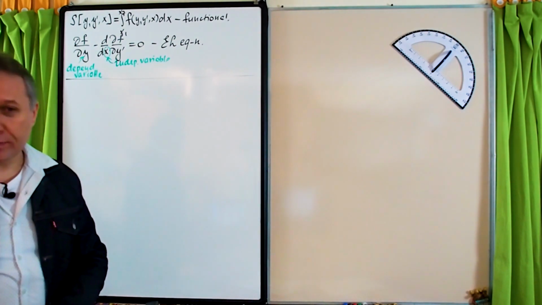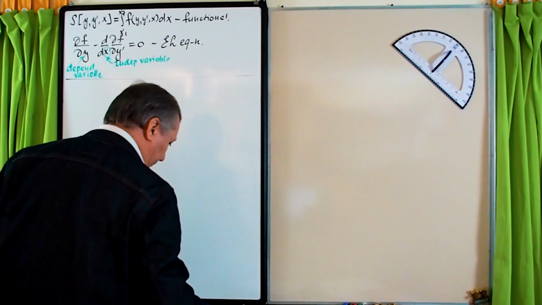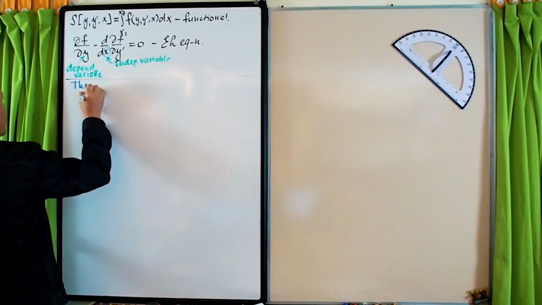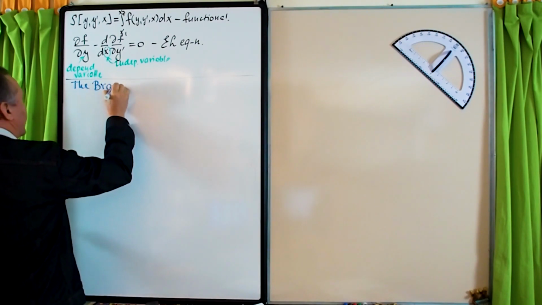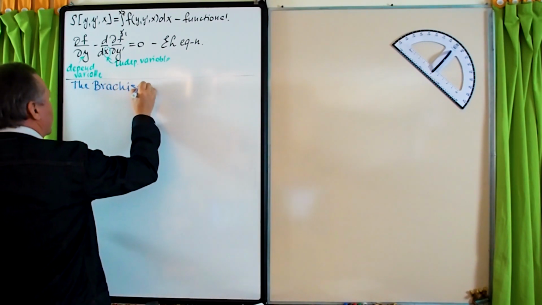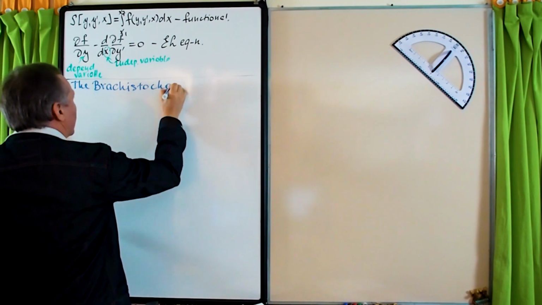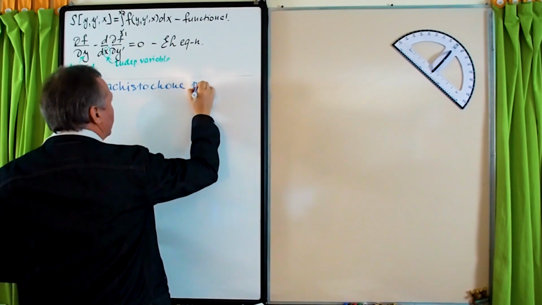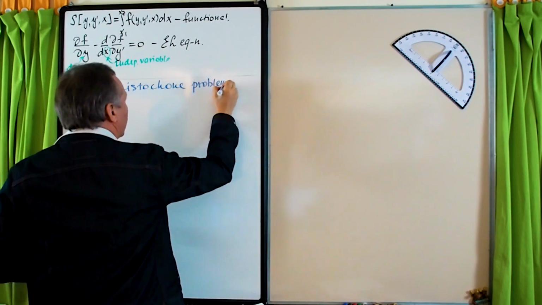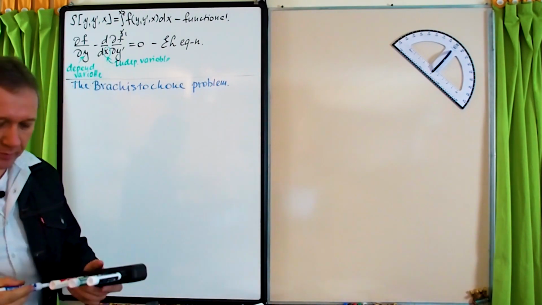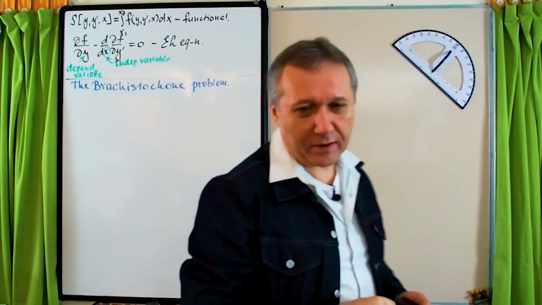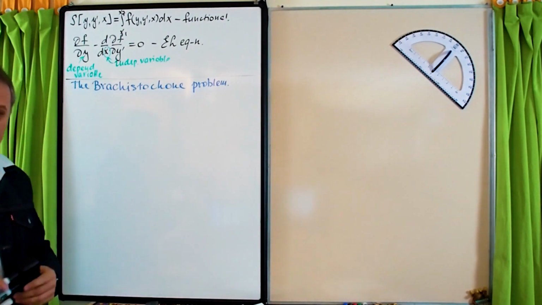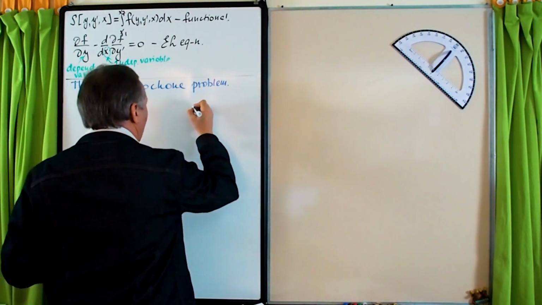Let's look at the Brachistochrone problem. Let me try to spell it right. Brachistochrone problem. Most of the books discuss it. So what do we have in this problem?